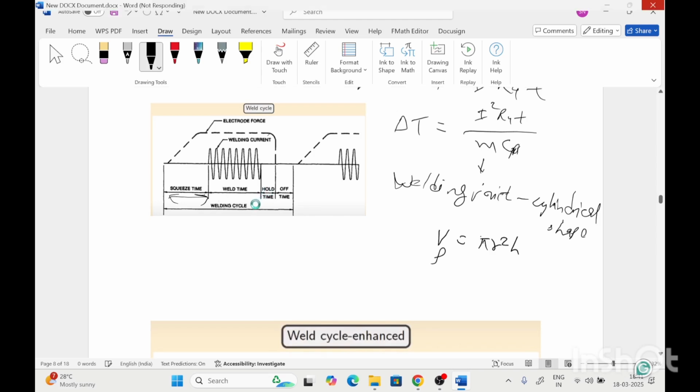Then the hold time to make the joint at the contacts, and after that the current goes to zero and the electrode force is also decreased. The whole time is to solidify the spot joint, and for some time the off time is given between the second welding joint.